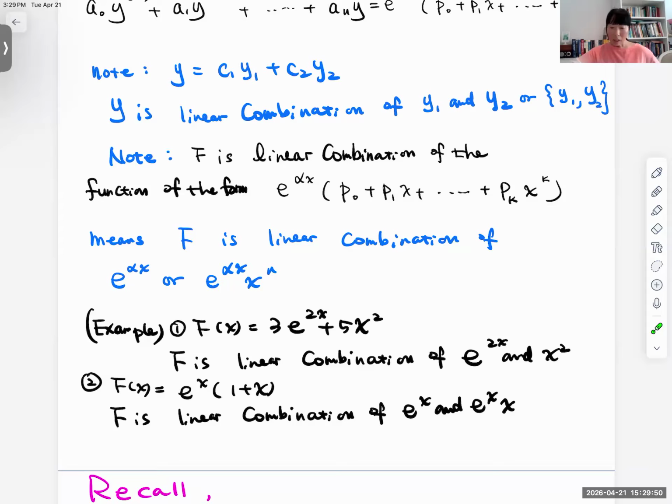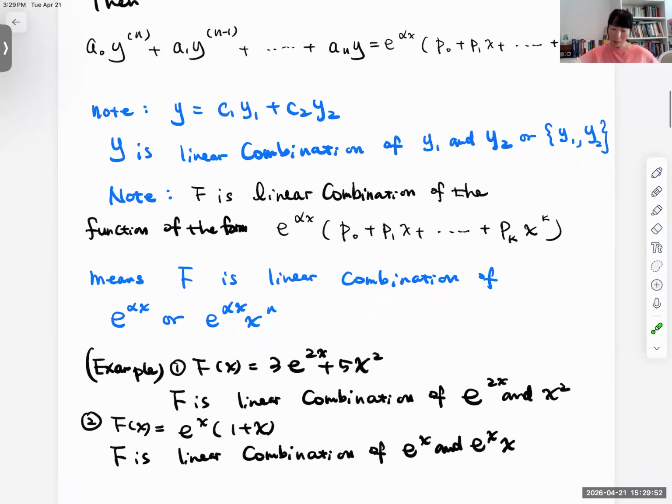In that case, f is a linear combination of functions of the form, which means f is a linear combination of e to the alpha x, because we multiply back everything.